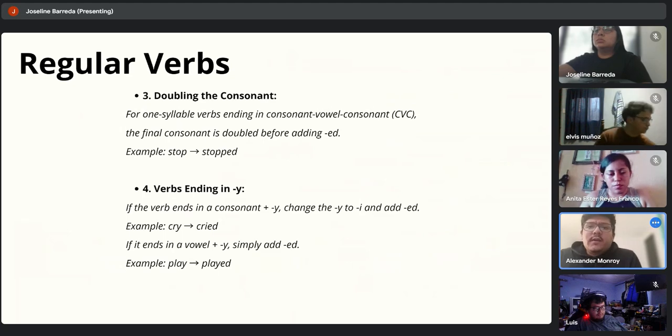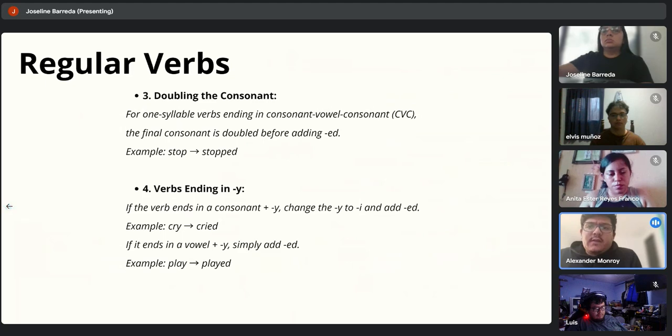Double consonant. For one-syllable verbs ending in consonant, vowel, consonant, the final consonant is doubled before adding -ed. Example: stop, stopped. Verbs ending in y. If the verb ends in a consonant plus y, change the y to i and add -ed. Example: cry, cried.